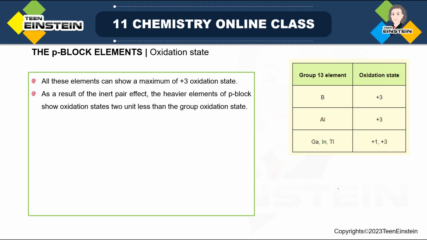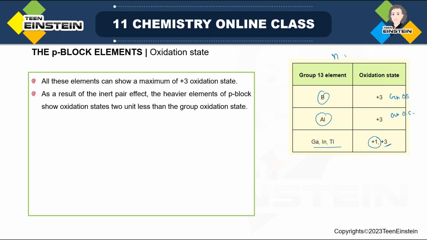So in the table you can see the first 2 elements show +3, which is basically the group oxidation state. I am writing here group oxidation state. This is also group oxidation state. But for the next 3 elements, apart from the group oxidation state, you also have an extra oxidation state.